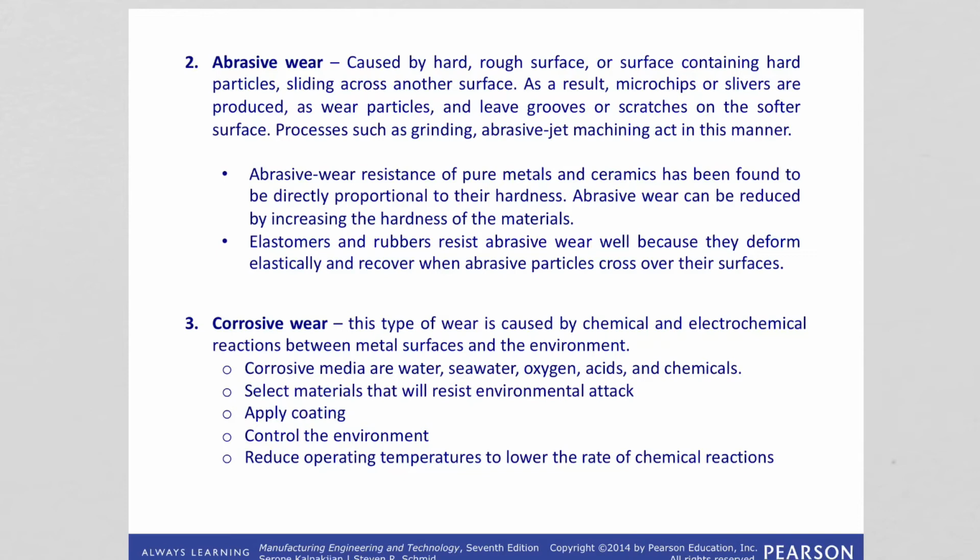Elastomers and rubbers resist abrasive wear well because they can deform elastically and then recover when abrasive particles cross over their surfaces. The best example is an automobile tire, because we know they are made out of rubber.